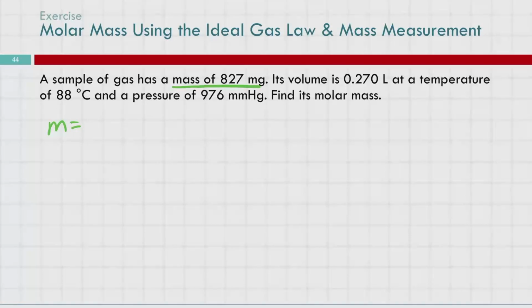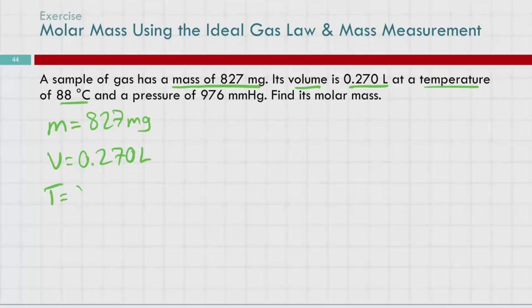Mass is lowercase m, 827 milligrams. We're also given a volume. The volume is 0.270 liters. Temperature is 88 degrees Celsius. Pressure, P, 976 millimeters mercury.